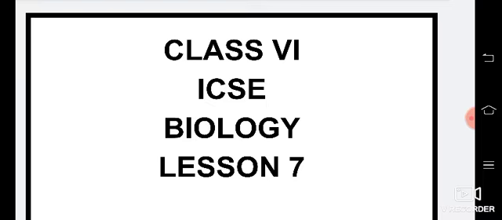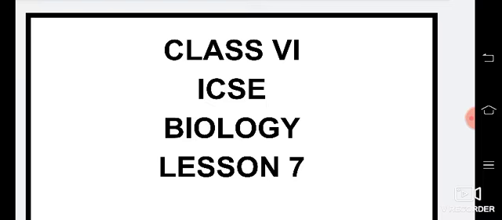In functions of blood, we learned that blood carries oxygen all over our body, blood carries waste products, and blood transports the digested food, and then it transports chemicals, and WBCs help us to fight against infection. Platelets help us in clotting of blood, and it helps to regulate the water balance and regulate the body temperature. These are the things we learned under functions of blood.